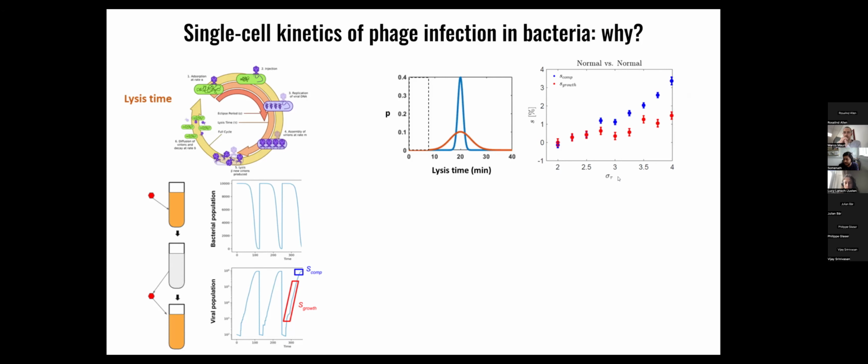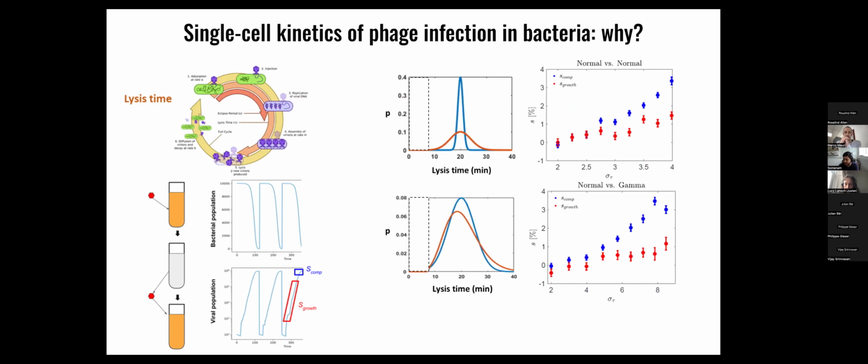As we increase the standard deviation of the second population, in both metrics, the growth-based competitive advantage and the SCOMP, the competitive advantage in abundance at the end, it always wins over the phage with a more tightly distributed lysis time. And even the shape matters. If we fix the mean and the standard deviation but change the shape, we find that the ones with more tail toward the lower values win as we increase the variance.